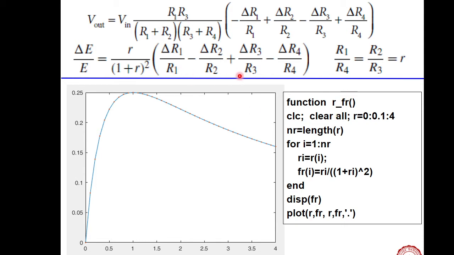And if there are 4 active gauges, we have 4 into delta R by R. 1/4 into 4 is 1 as such. And this change of resistance is R into this circuit sensitivity. And then this delta R is given by our gauge factor.